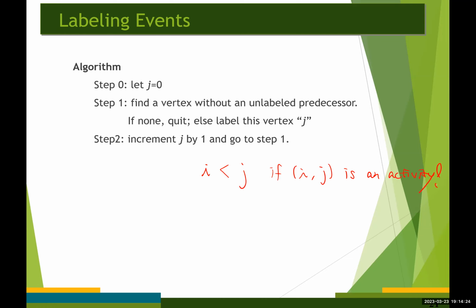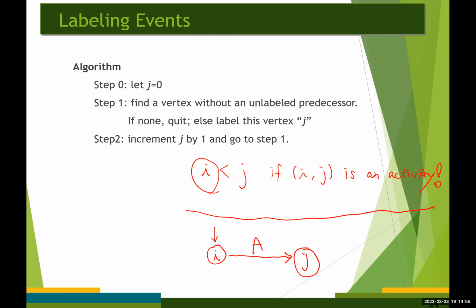That's the logic behind this algorithm. For example, this is I and this is J, and we are talking about one of the activities, let's say A. Then we just make sure the number corresponding to I is always less than the number corresponding to event J.